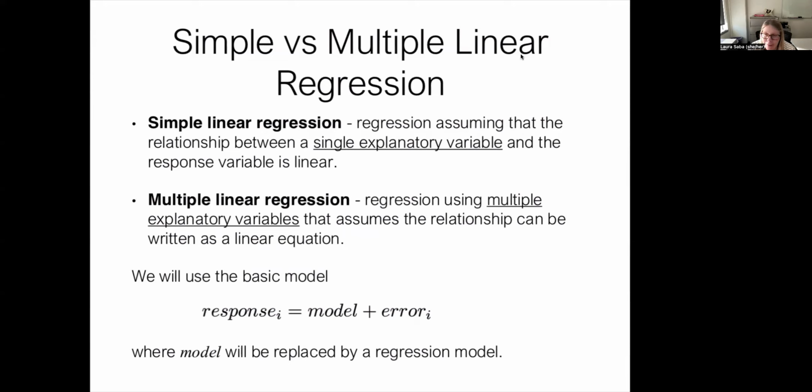They will give you the same p-value, but they summarize or describe that association in different ways. The difference between simple and multiple linear regression is that with multiple linear regression, we can put more than one explanatory or predictor variable in our model. And we still use that same response equals our model plus some kind of error. Here, we're going to replace model with a regression model.